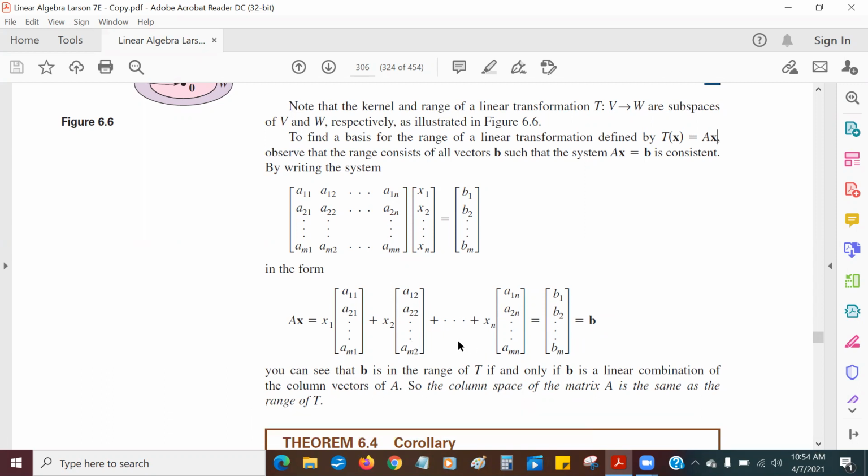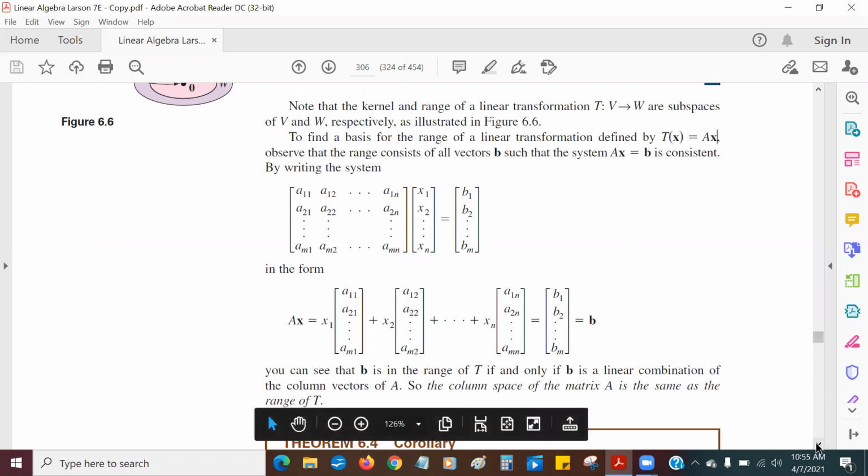So therefore, the column space of matrix A is the same as the range of T. Isn't that awesome? The column space of the matrix A is the same as the range of T, because this guy here, this is what the column space is. So that is just awesome.